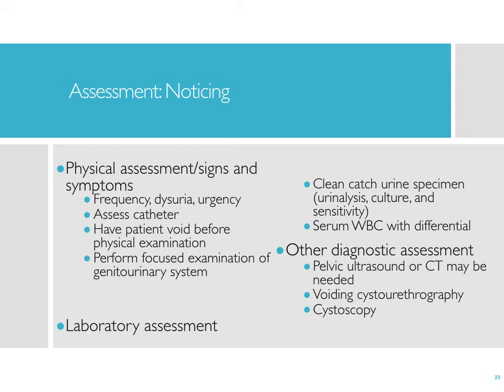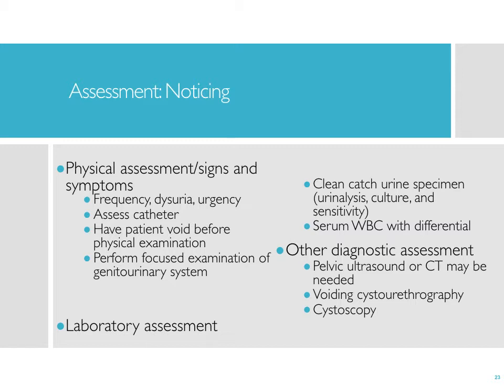When we look at lab assessments, we want to do a clean catch urine specimen. So we want to make sure that we give them instructions about cleaning from the front to the back and letting a little bit of urine go before they catch some. We want them to void just a little bit before, because that's going to flush any bacteria that's just sitting around the opening of the urethra.